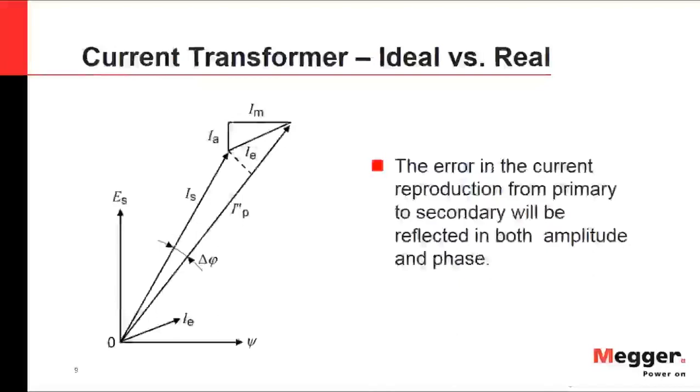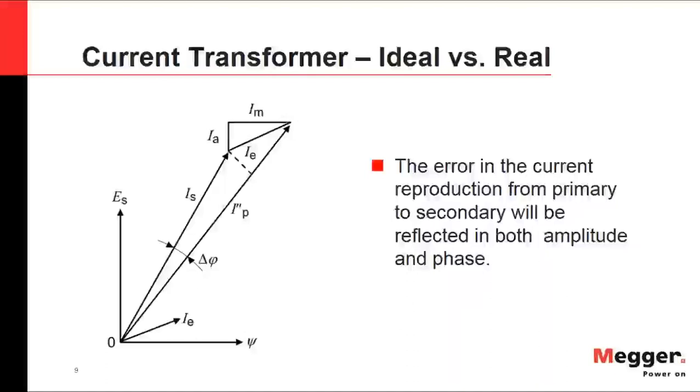If we look into the vector diagram, the error that we see in the reproduction of the primary current with respect to the secondary can clearly be seen in this vector diagram. The electromotive force that we see in the vector representation here will be 90 degrees apart from the flux.